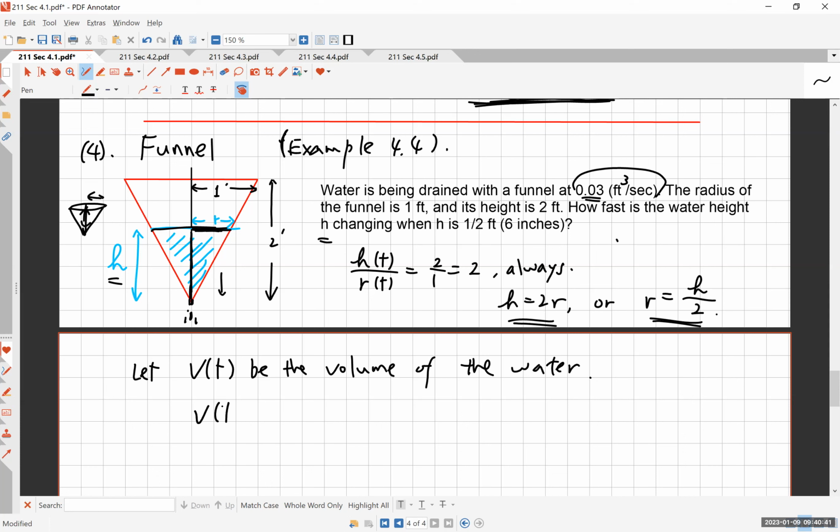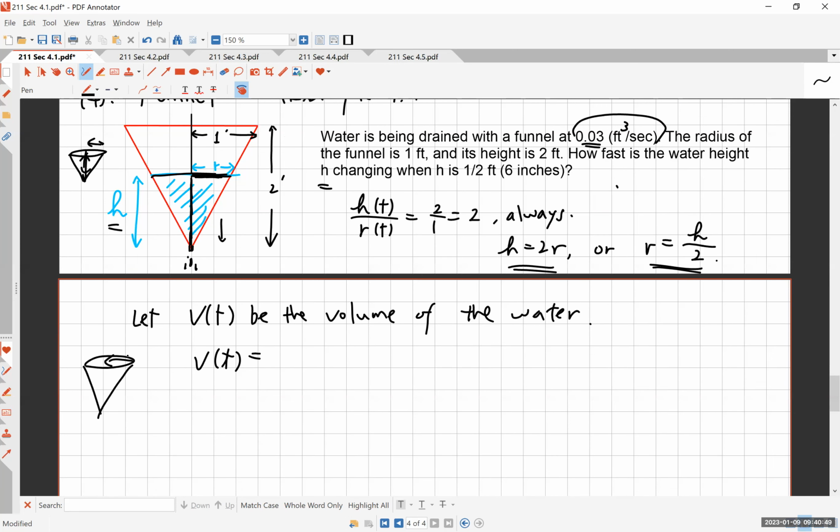So then V of T, how is that related to H and R? Do you know the volume of the cone with the height H and radius R? You may or may not know this, I hope you do. It is 1/3 times the volume of the corresponding circular cylinder, which is pi r squared H.